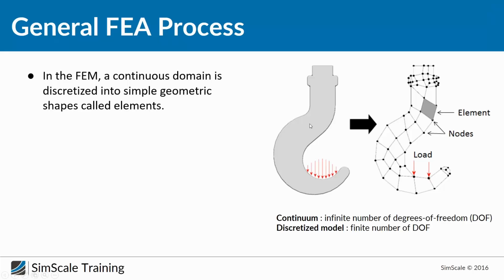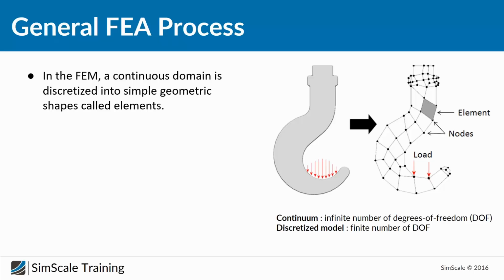In the end, we have some fundamental equations. In CFD the fundamental equations were the Navier-Stokes equations, which describe the conservation of momentum, energy and mass. For finite element analysis, for structural simulations, this equation is a little bit different.